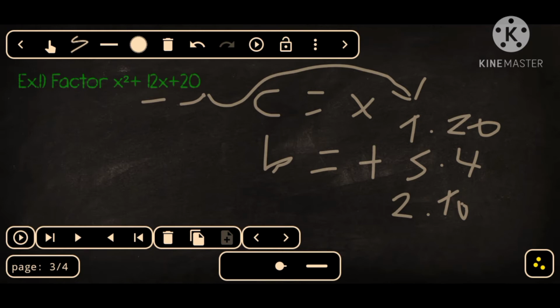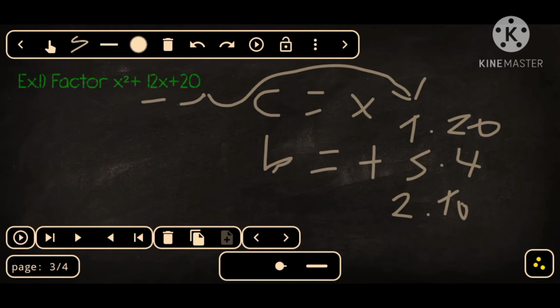Okay, so with these factors, which of the three has a sum of 12? So if we're going to add, the sum is 12, or the numerical coefficient of the second term. So 1 plus 20 is 21, 5 plus 4 is 9, 2 plus 10 is 12.